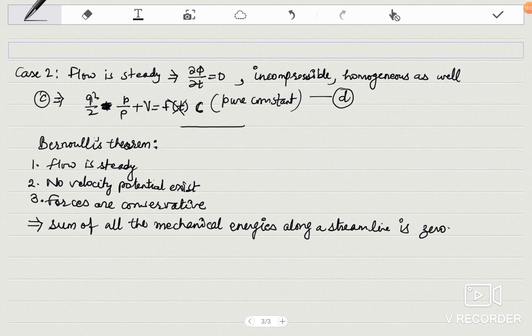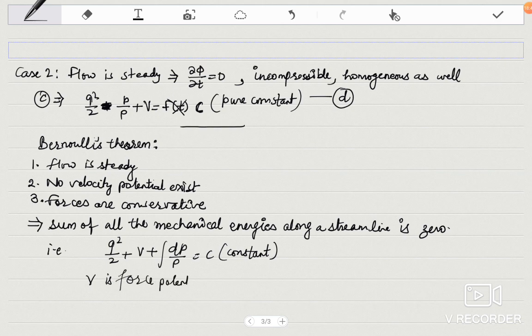Now see, in mathematical form we may write q²/2 plus v plus ∫dp/ρ is equal to constant. Where what is v? v is the force potential function.